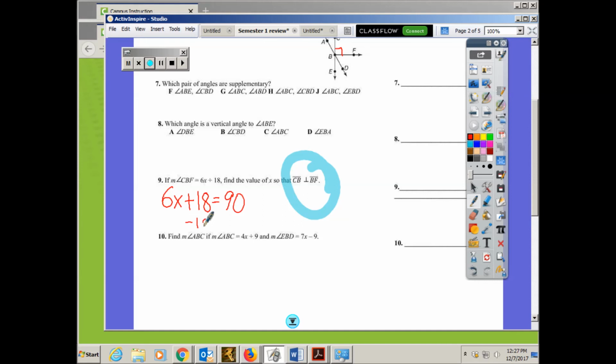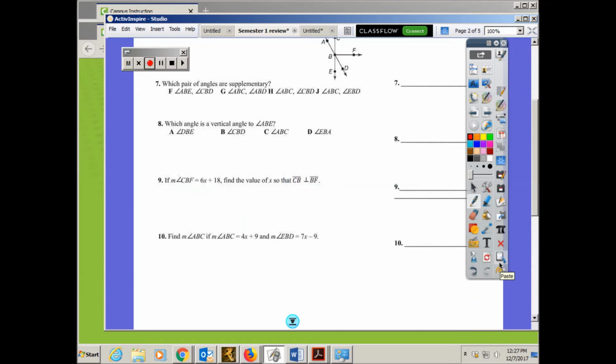Subtract 18 from both sides. 90 minus 18 is 72. I divide both sides by 6, and I get 12. So we have to go back and use our algebra skills there.